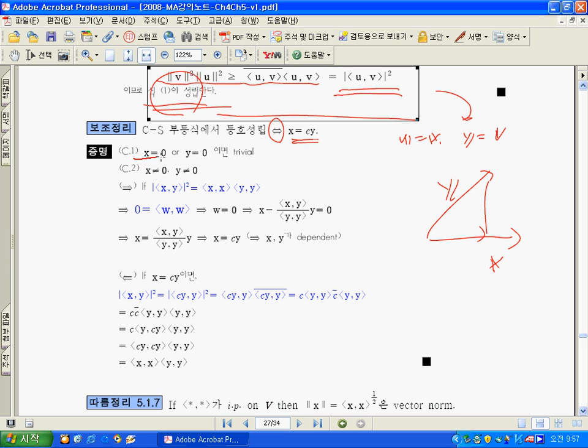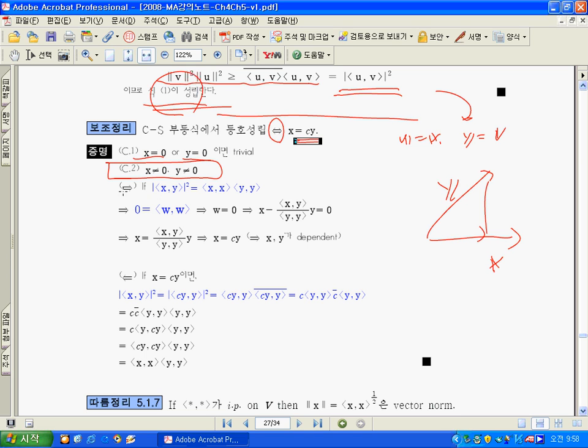Okay. If one of them is 0, then it is trivial. If one of them is 0, then it's a scalar multiple definitely, and the equality holds. So all we have to think about is that both vectors are non-zero vectors. They are not 0 vectors.